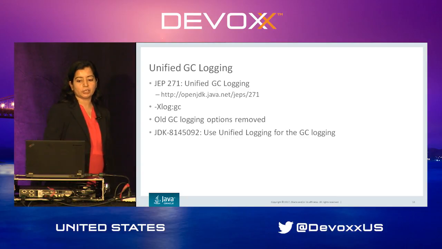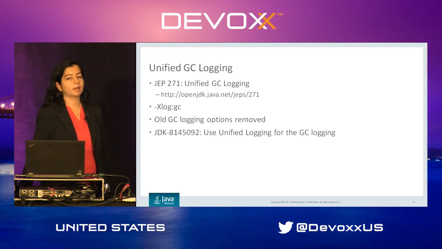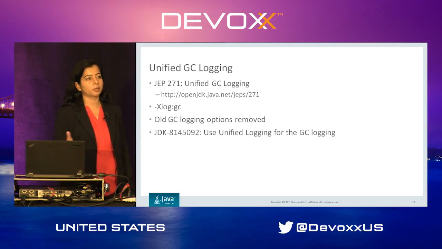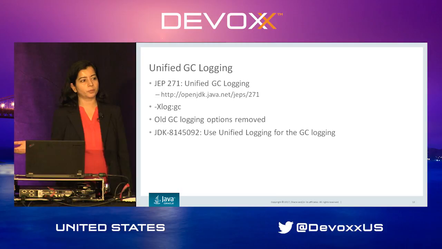And the old GC logging options, it might come as a shock, will be removed in JDK 9. So if your launch scripts or your command line options are using the old GC logging options, they will have to be removed when you move to using Java 9.